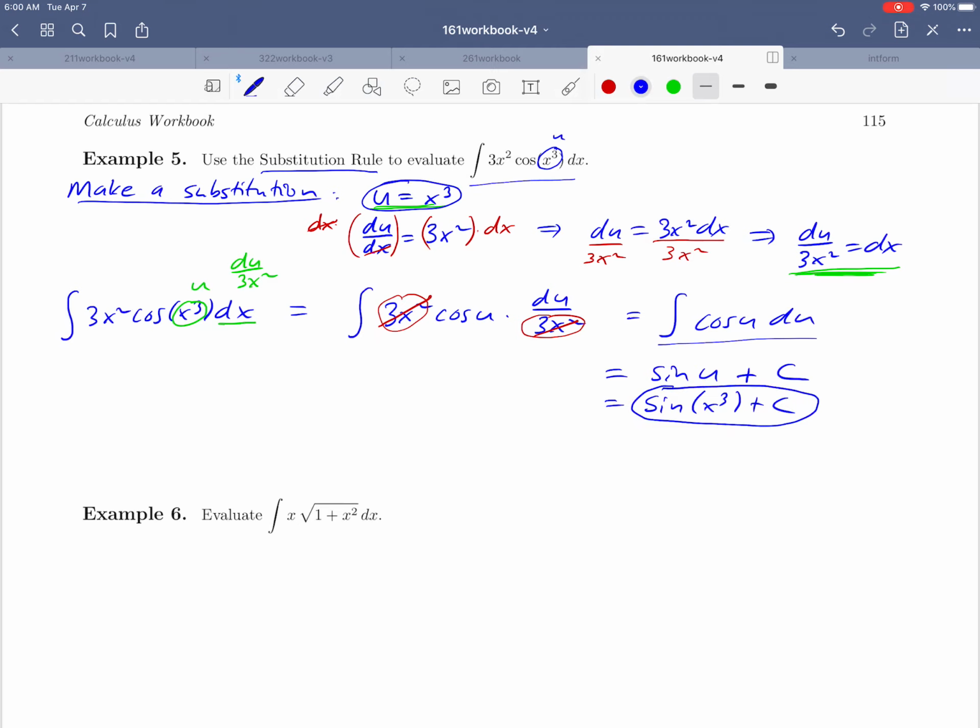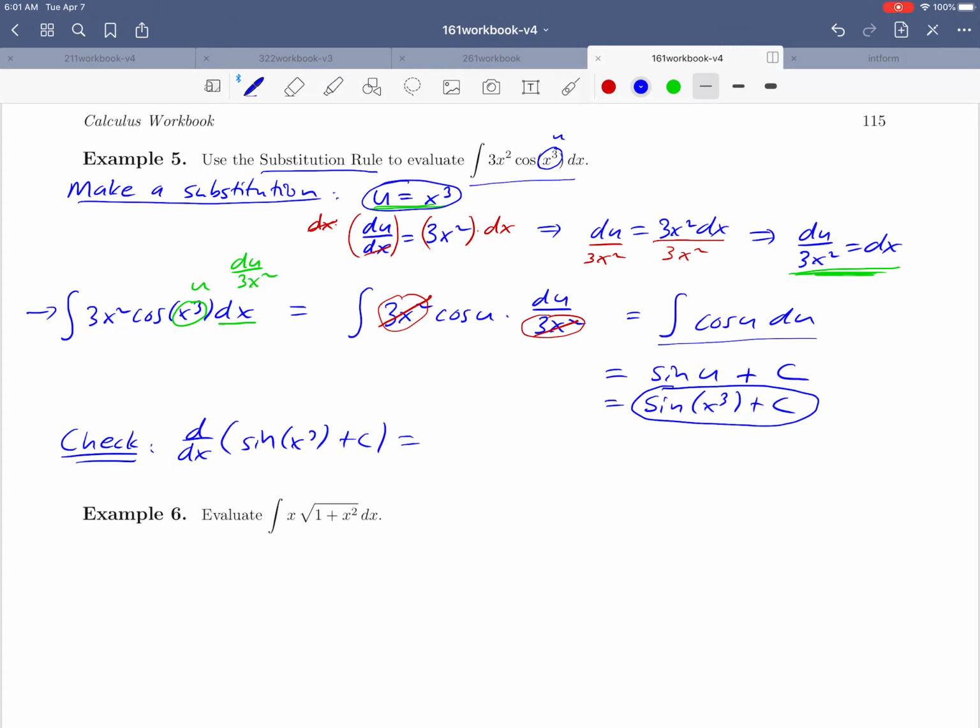Could we check that answer? Remember that what we just calculated was an antiderivative, so we could check it by taking the derivative of our answer and seeing if it takes us back to the function that we integrated. What would we get if we took the derivative of sine of x cubed plus c?